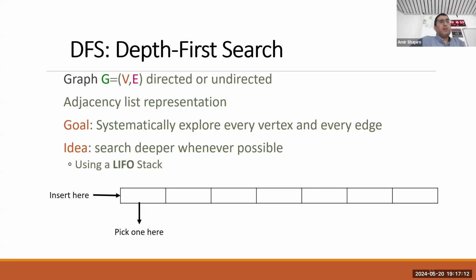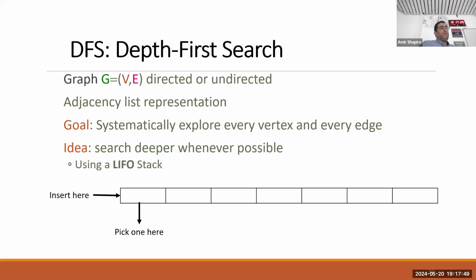So we talk about depth first search. It's a search that systematically explores every vertex and every edge in order to find a path from the start to the goal along the vertices of the graph. And the idea is to search deeper when it's possible, to go towards the goal as fast as possible.